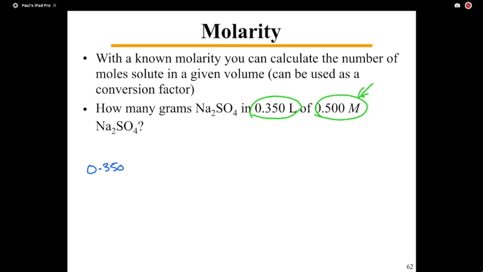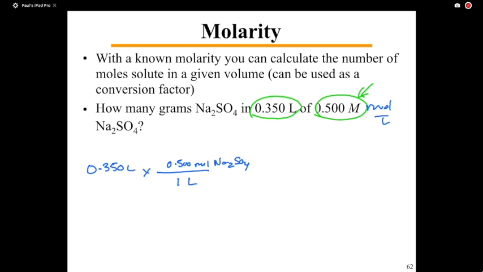So 0.35 liters of this compound. And I have this, but remember I can write moles per liter. And so in every 1 liter, there are 0.500 moles of this material.